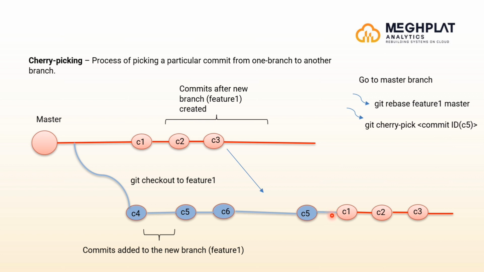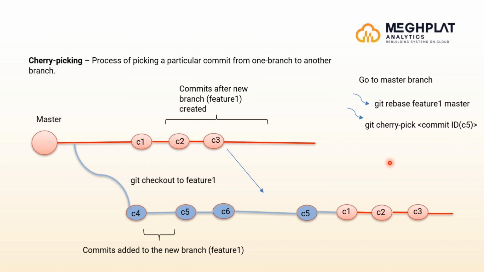So cherry pick is nothing but the process of picking a particular commit from one branch to another. It's not about picking more than one commit, it's about picking a particular commit. If I want to pick C4, I give another command, git cherry-pick with the commit id, and so on.